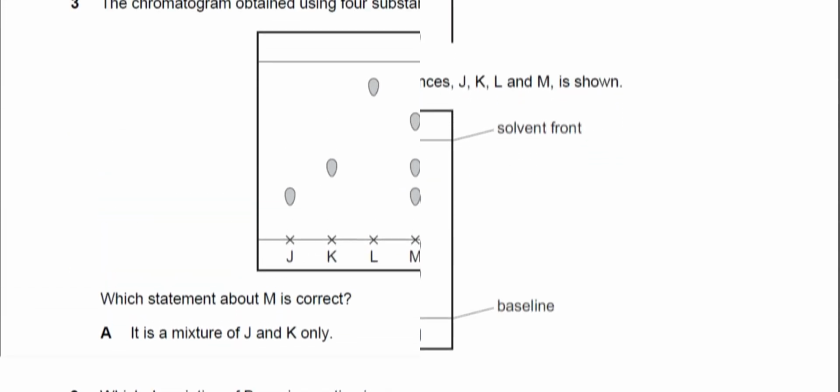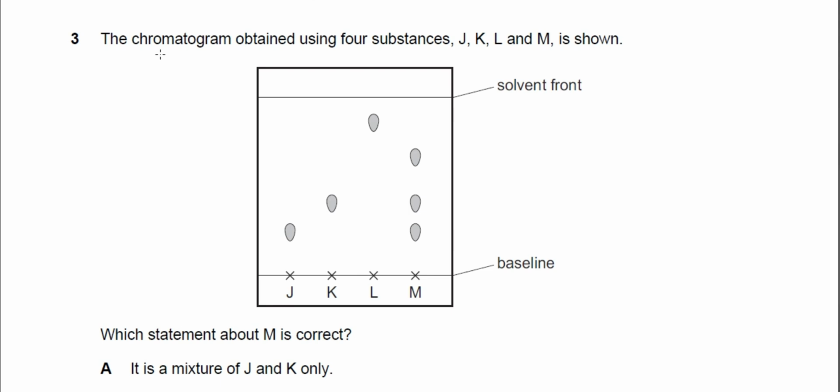Now in the third question it says the chromatogram obtained using 4 substances J, K, L and M is shown. We have a chromatogram, all the samples are placed on the baseline, and these are the separations. Before going into the options, I can quickly analyze and say J is a pure substance because it is splitting into only one.